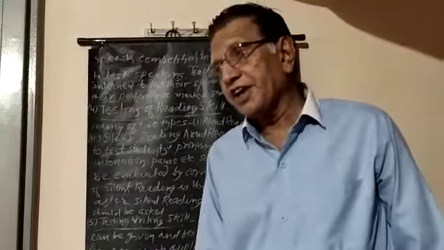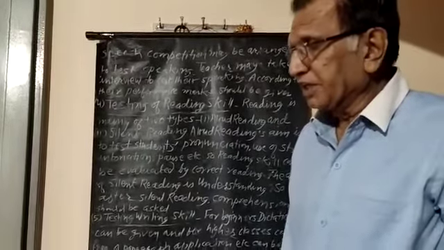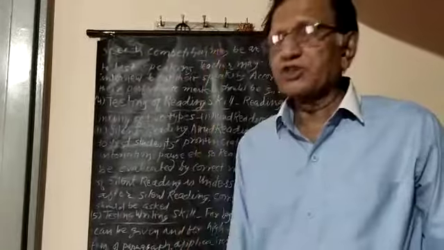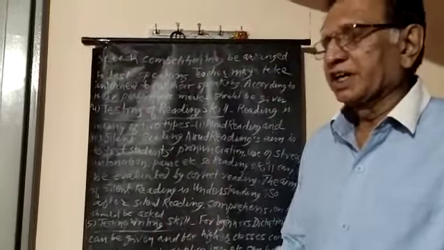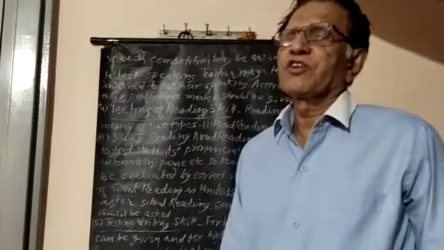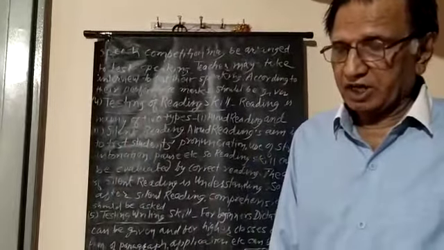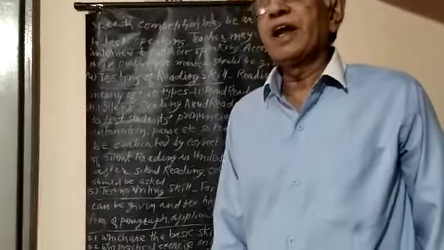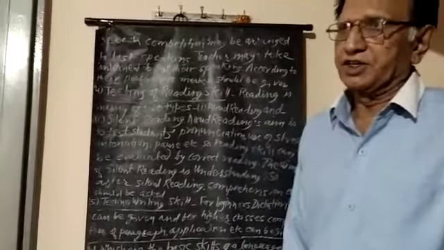And in silent reading, questions should be asked to test whether he has read with concentration or not, whether he has understood the paragraph or not. So, comprehension questions should be asked, and according to the answers, the student will be evaluated.